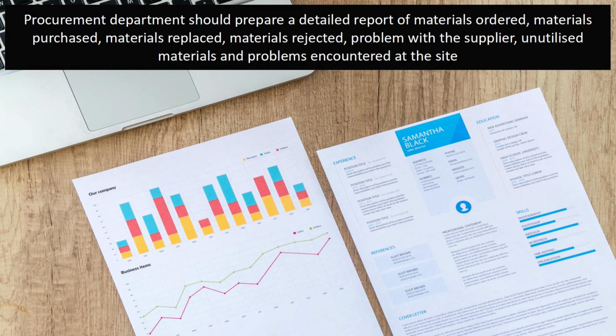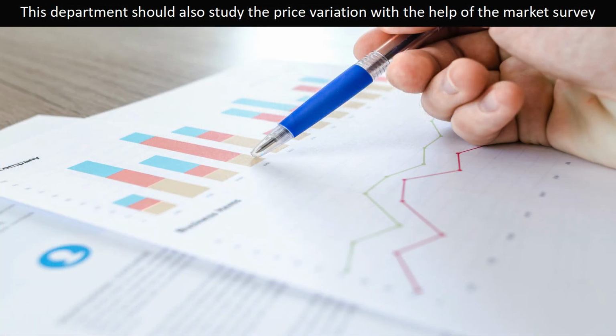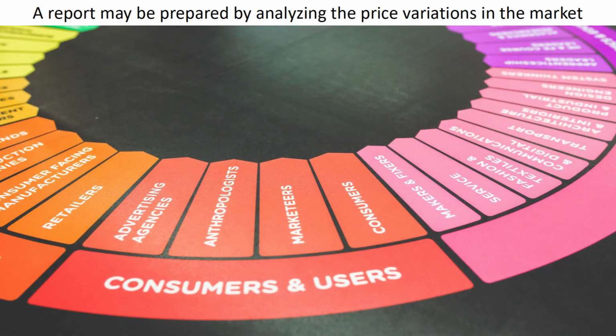So, the procurement department or the procurement officer is heavily loaded. This department should also study the price variation in the market, so that if the price is going higher and the material is required, it should be procured urgently. Reports may be prepared by analyzing the price variation also.